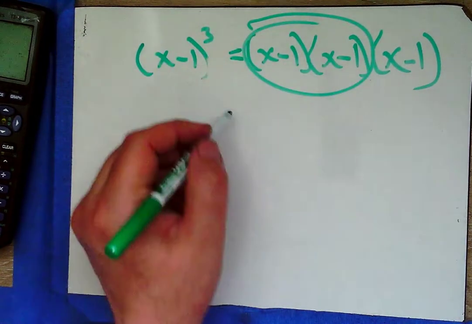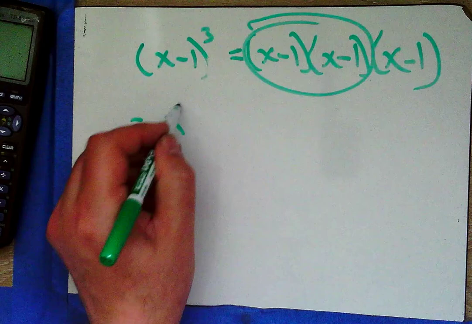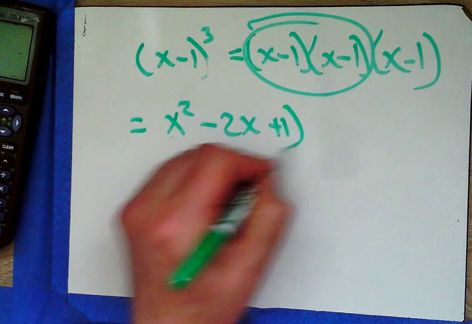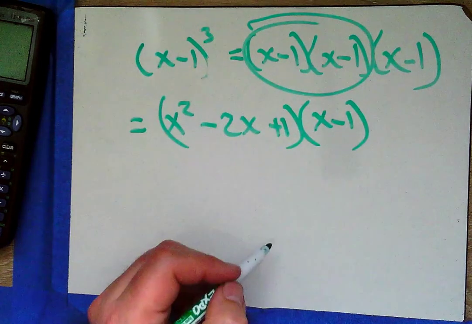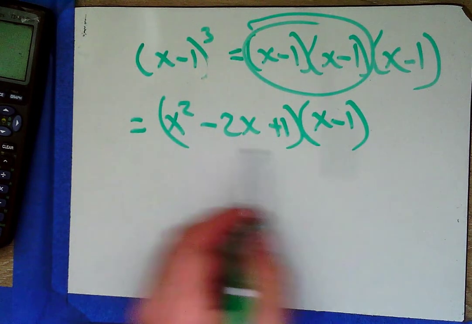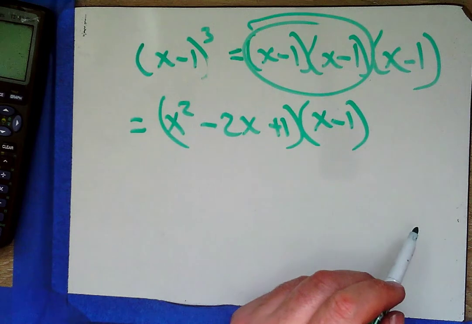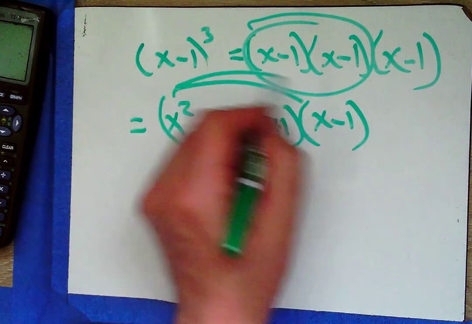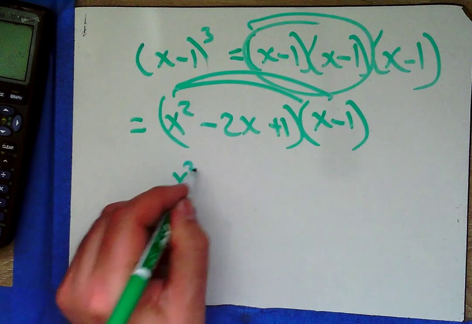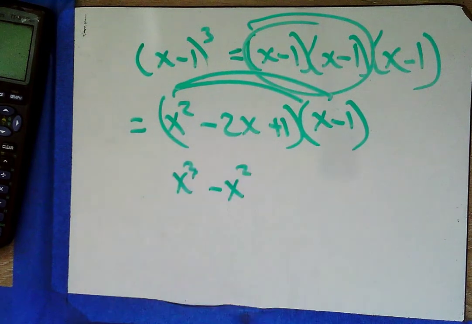First, I'm going to FOIL these together. And that's going to give me x squared minus 2x plus 1 times this x minus 1 over here. And now, look, a trinomial times a binomial. It's not quite foiling anymore, but I can multiply this x squared times each of these, and that will give me x to the third minus x squared.